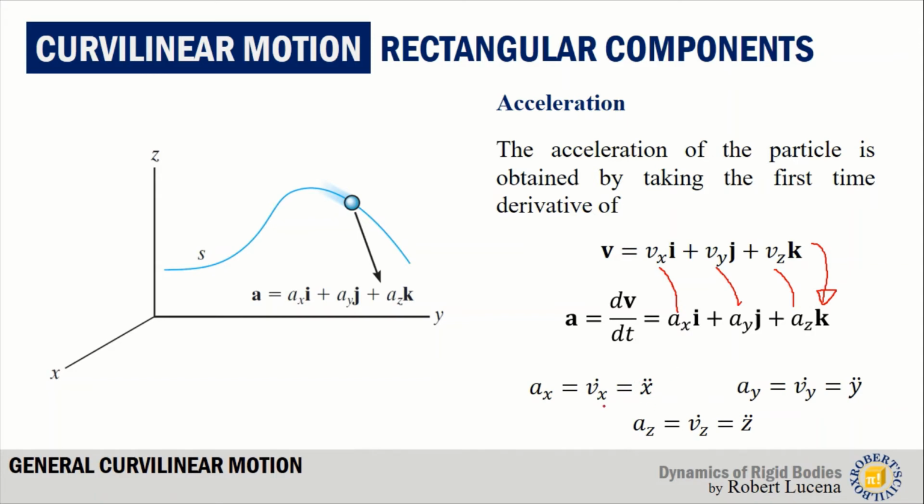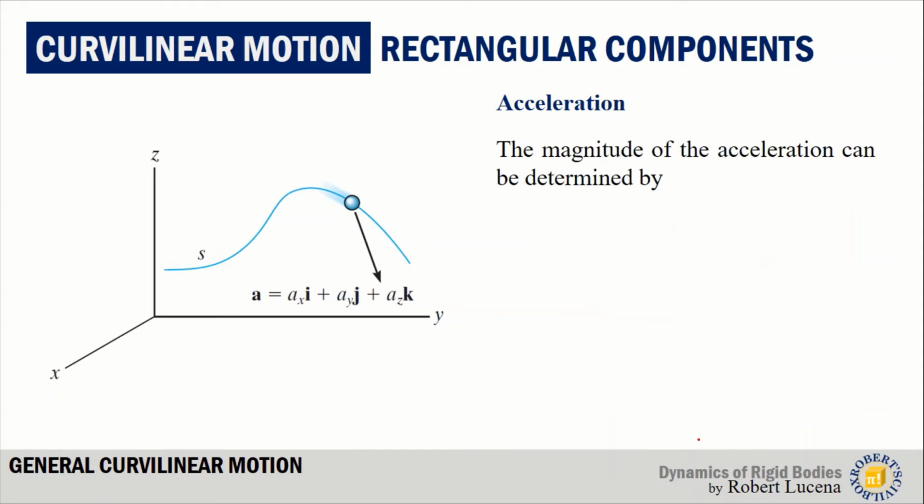As you can see, Vx is only x dot, but this time since we are having the acceleration, we get the second derivative of x. So that's the same for ay and az. So ay is y double dot or vy dot, az is z double dot or vz dot.